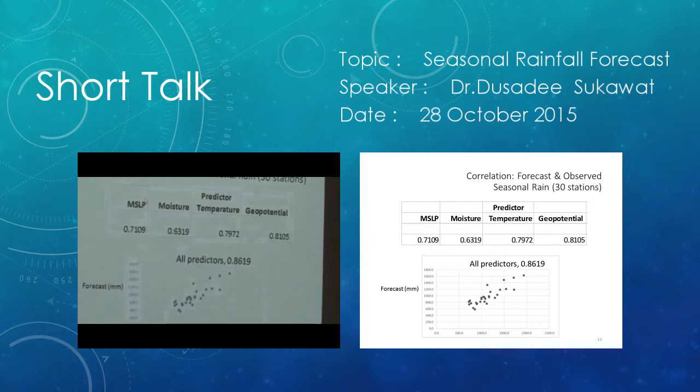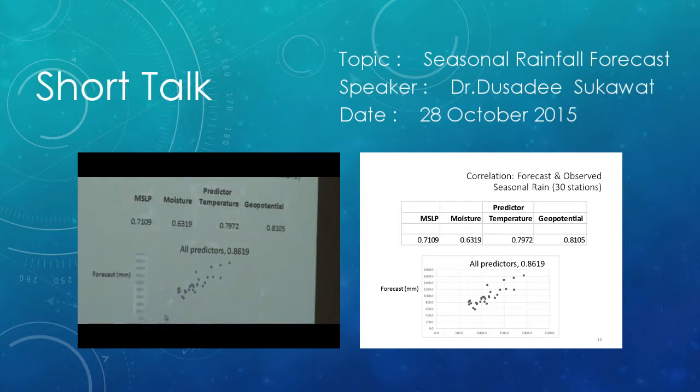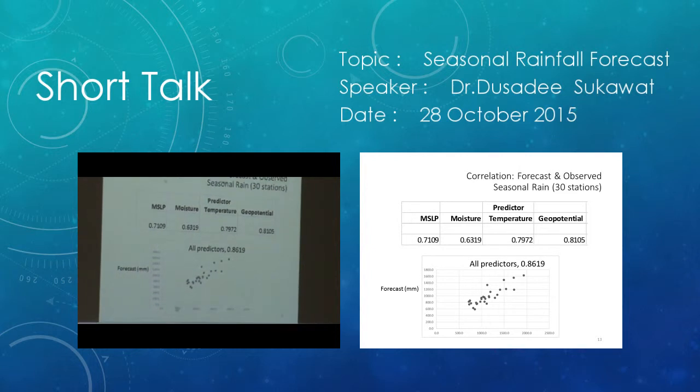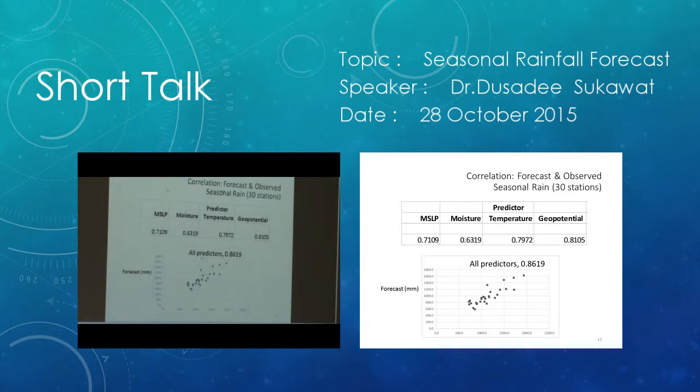But if you combine all the forecasts from various predictors, you come up with a little bit better correlation. This is a 30 station forecast. This is the amount of rainfall of the observation, and this is the amount of rainfall from the forecast. This is just a scatter plot, and you come up with a correlation as high as 0.96.